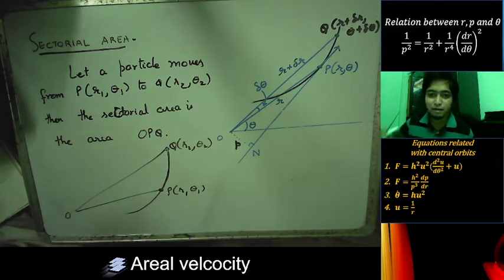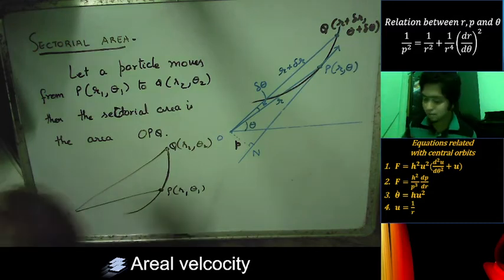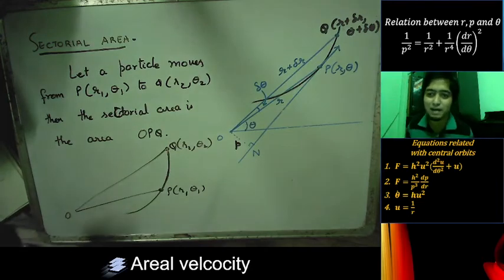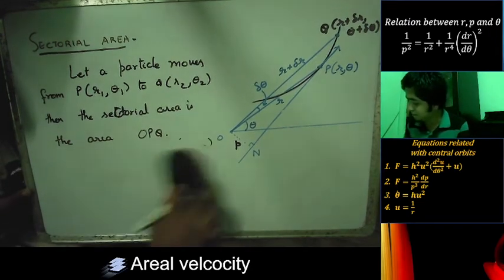Okay, but when we are dealing with areal velocity, you will see that PQ will behave as a straight line. Why exactly? You will see.